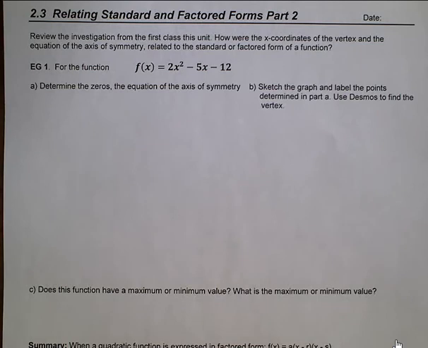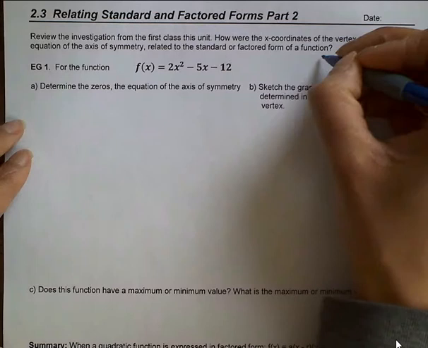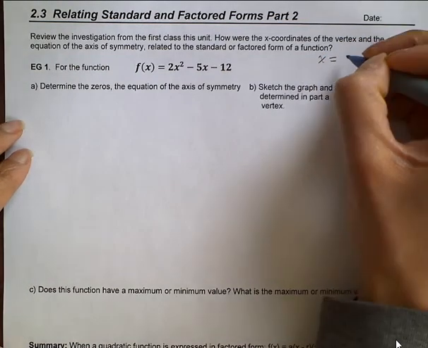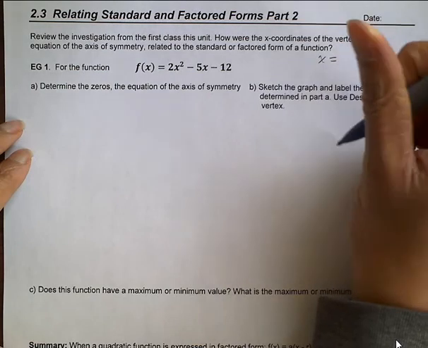Well, when you examined the investigation, you should have remembered that the x-coordinate of the vertex, which is the same number as the value for the equation of the axis of symmetry, is right in the middle of the two x-intercepts. So it's the mean of the x-intercepts. So again, to find that axis of symmetry, I can use an x here, or I could use an h.